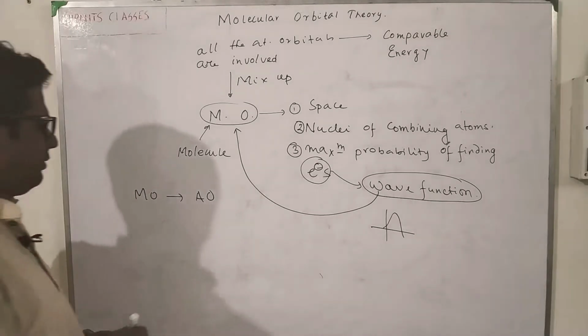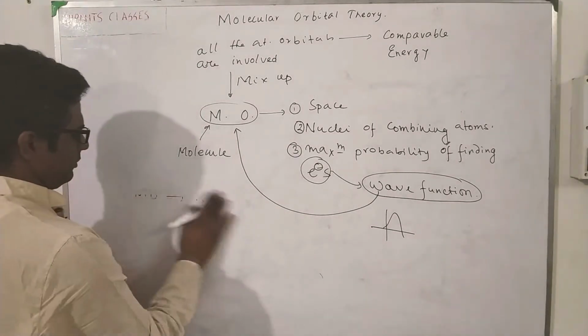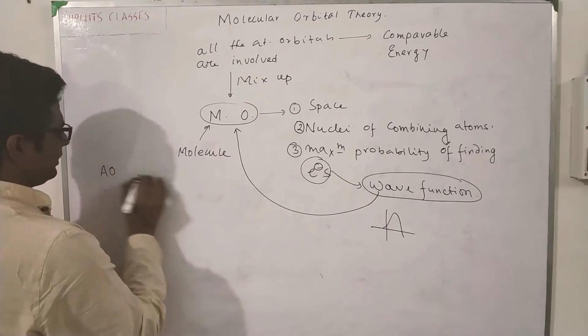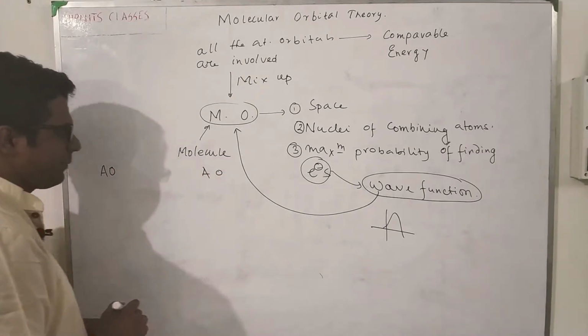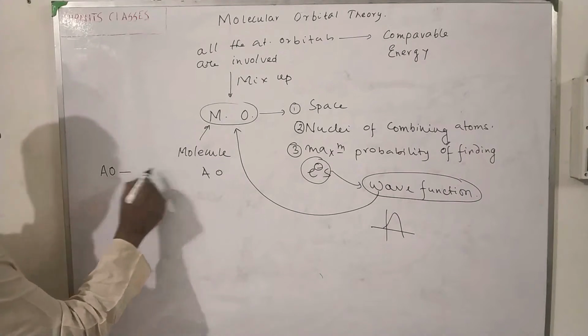Now suppose there are two atomic orbitals over here. Two of them are coming together.